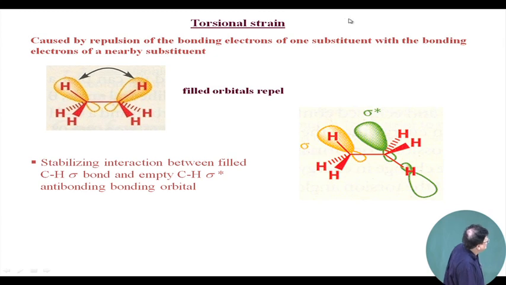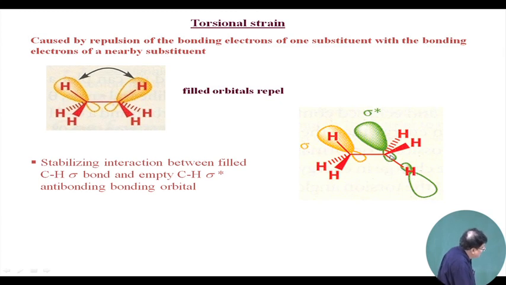Okay. So, to know whether this is staggered or eclipsed, you better take the hydrogens which are in plane. I think that is a better concept. You take the two hydrogens in the plane and you see they are in the same direction. So, that means this is an eclipsed form, and this is the staggered form, because you take the two hydrogens which are in the plane and they are anti to each other.